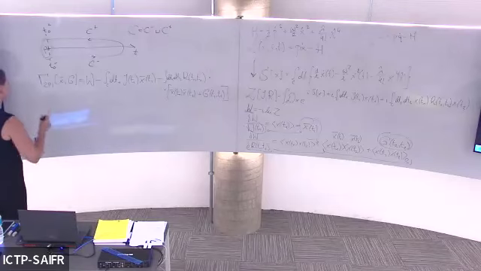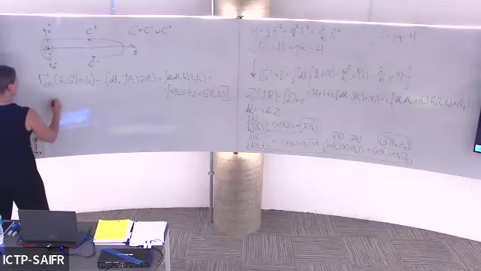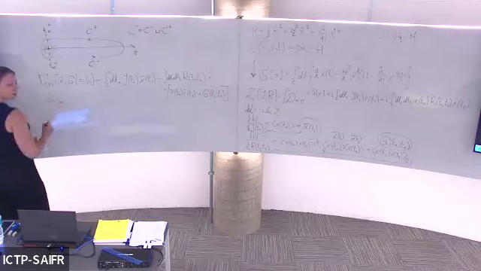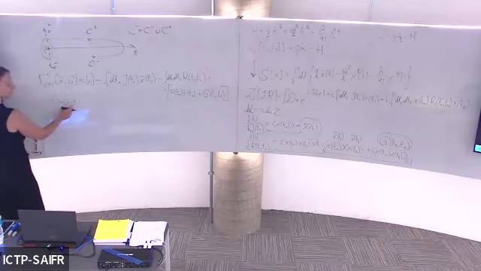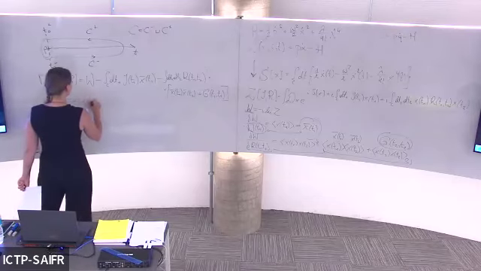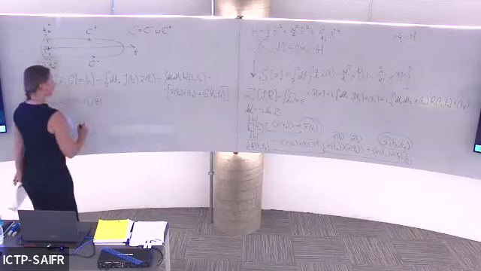So we're going to think about our field X. We're going to express it as some saddle point solution, so my average, plus fluctuations around it.